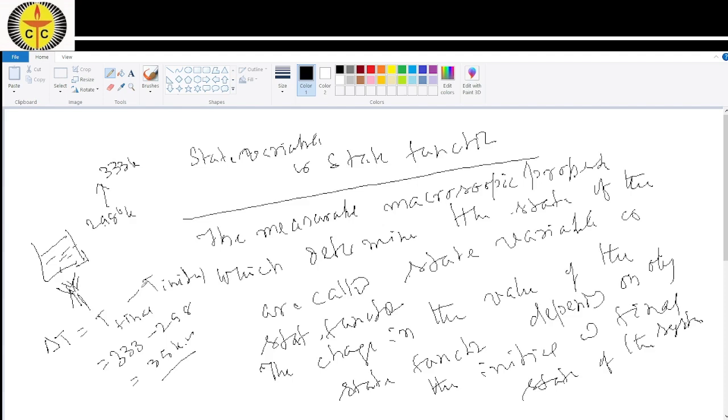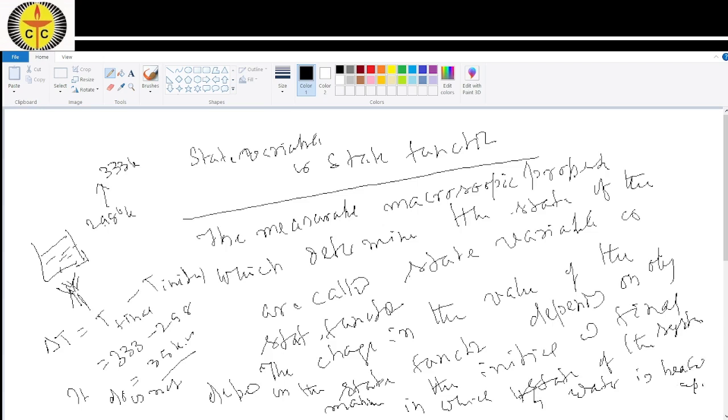It does not depend upon the manner in which the water is heated up. So only the initial and final values matter.